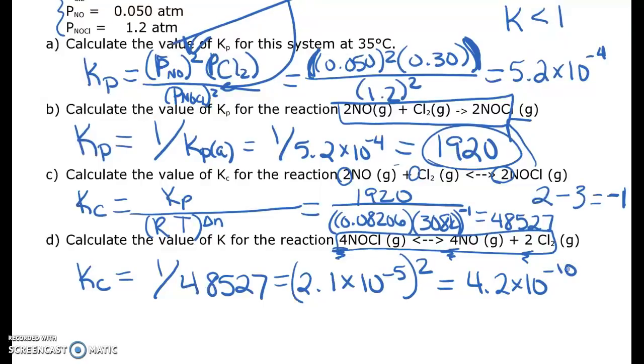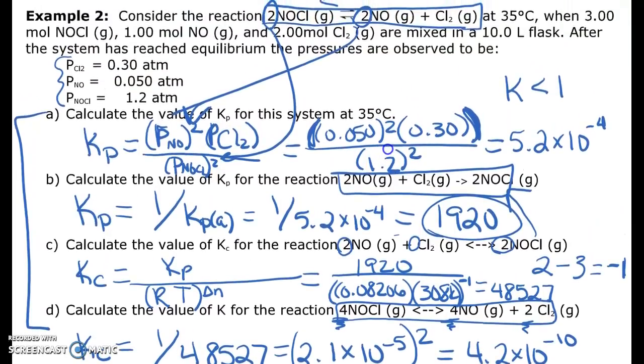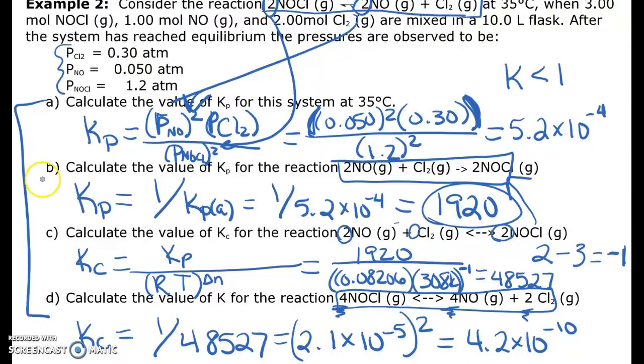So again, what we're looking at is the relationship between A and D, representing the forward reaction based on the description in the actual verbiage up there. And then for B and C, we're looking at the pressure constant and the equilibrium constant with respect to the reverse reaction.